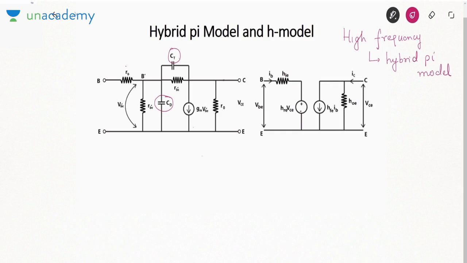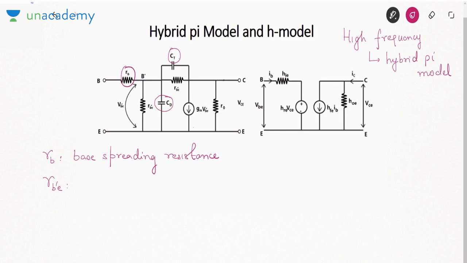See, let me revisit that for you. I told you earlier, RB was the base spreading resistance. Okay. I told you this is the resistance of the ohmic contact. Since base area is smallest, this resistance is largest.